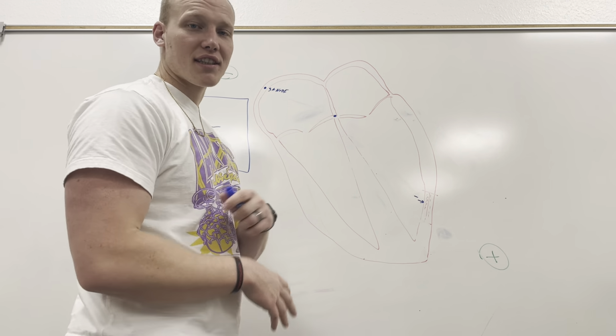Okay? There's other ways that the autonomic nervous system will affect the heart and how it functions. One is inotropic. Inotropic is more of the force of contraction, like how much it contracts, how hard it contracts.